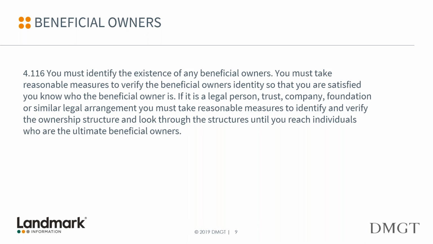You must take reasonable measures to verify the beneficial owner's identity so that you are satisfied you know who the beneficial owner is. If it is a legal person, trust, company, foundation, or similar legal arrangement, you must take reasonable measures to identify and verify the ownership structure and look through the structures until you reach individuals who are ultimately the beneficial owners. And a way to check who the beneficial owners are is with the Land Registry title deed.